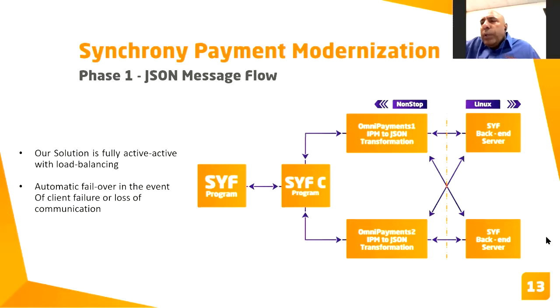Here is now the architecture diagram of how the Synchrony payment application was modernized. So in the very first phase, or in the first few sprints, we took care of the JSON message flow. The solution itself is fully active, and it routes traffic between the primary NonStop server and the secondary active server to alternate Linux servers.